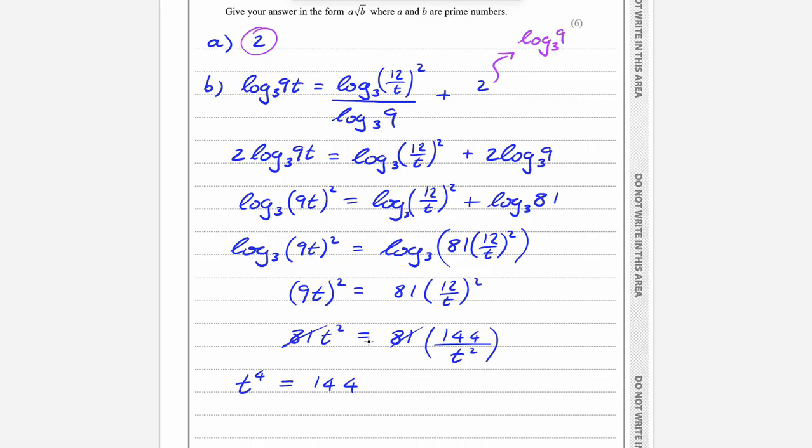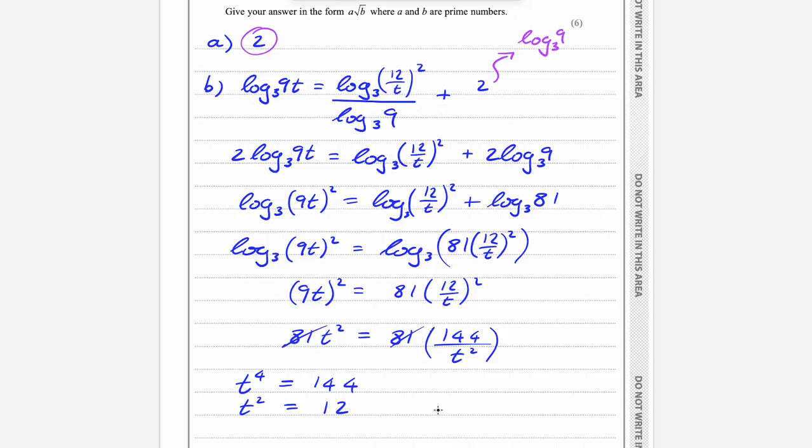Now this means that t squared has to equal 12, if I just square root both sides.